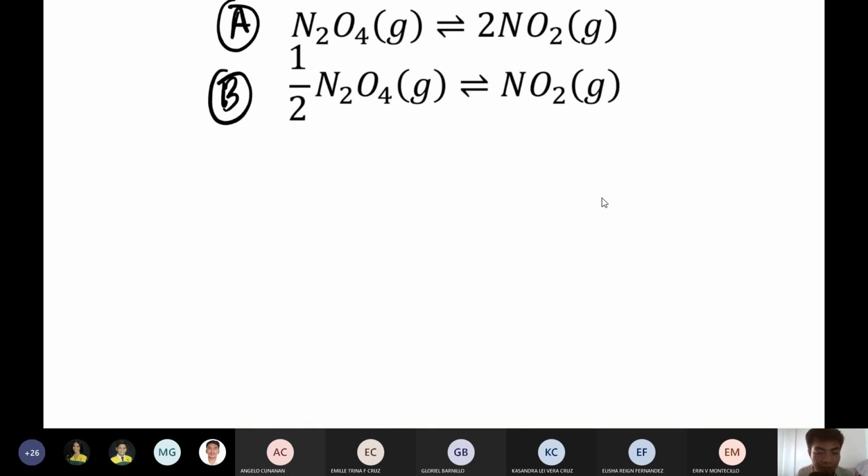On equation B, we have fractional coefficients. So ibig sabihin, decimal yan. In this case, 1/2 na. Ito, dinivide lang by 2. So, what will be the effect nun sa ating equilibrium constant? No? So, let us write the K for A and B para makita natin.